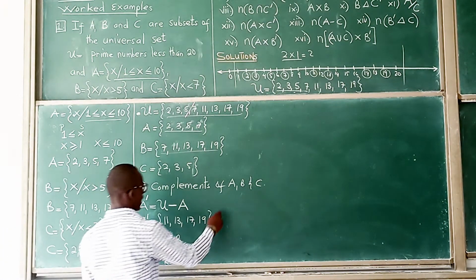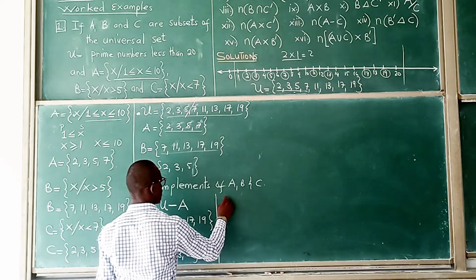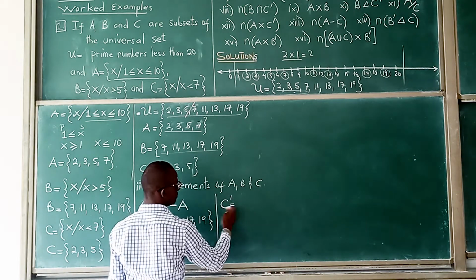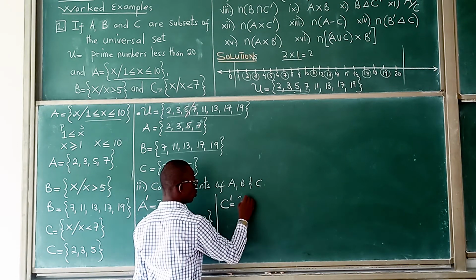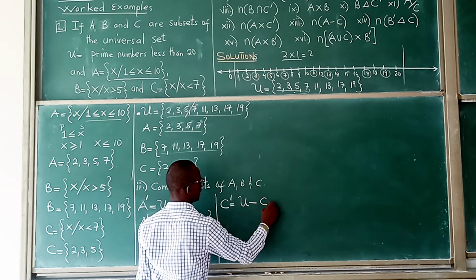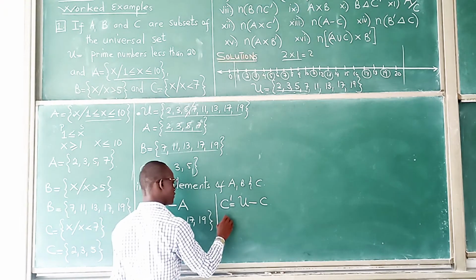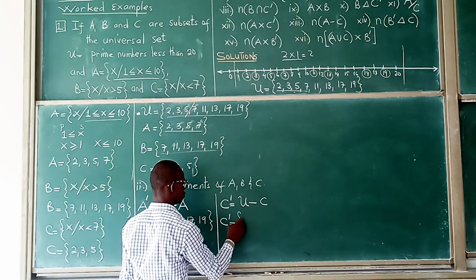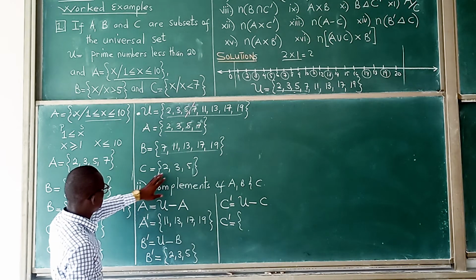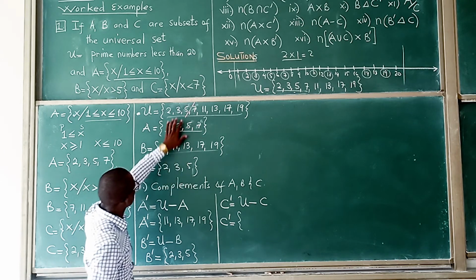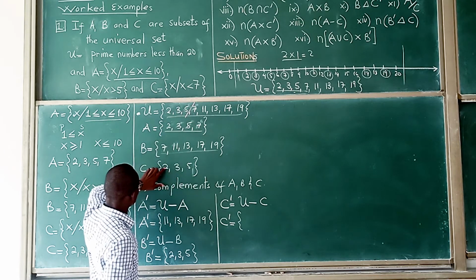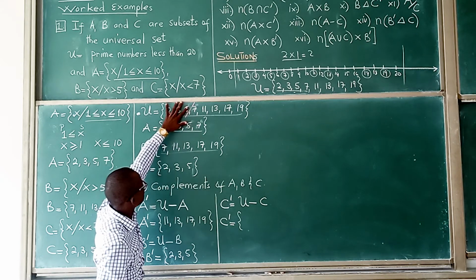And then also we have C prime. C prime is the same thing, U, the universal set, minus set C. So we have C prime now to be all of the elements within set C subtracted from the universal set. So you look there, 2, 3, and 5. Subtract them from there.